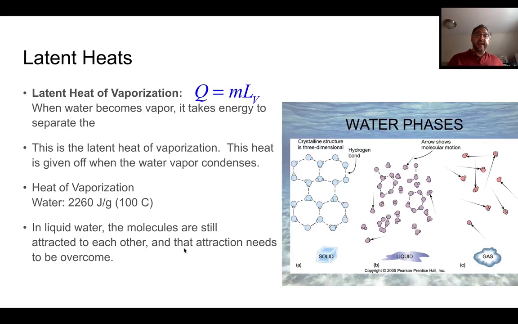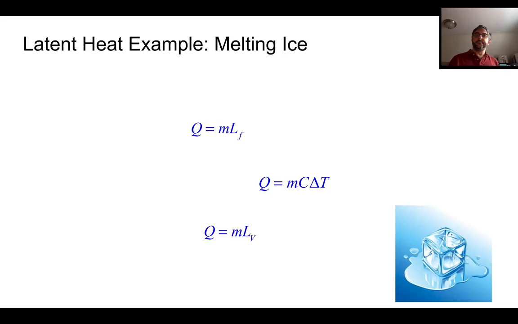Now the molecules are zipping around in the air. They're not interacting with each other. And again, the equation that we'll use is that the heat required to vaporize some mass of water is the mass times the latent heat of vaporization.